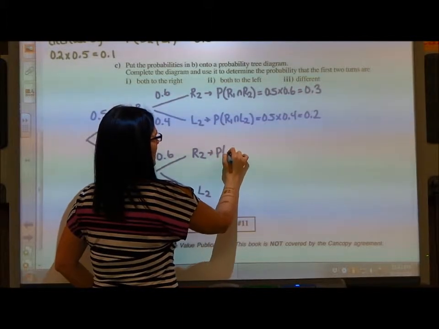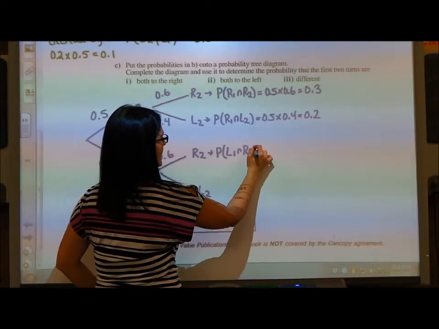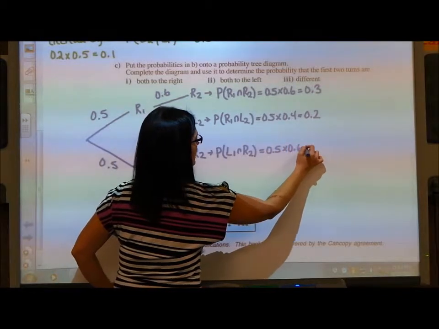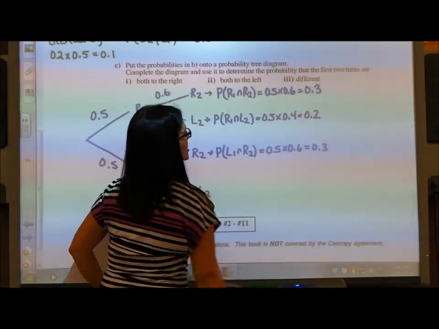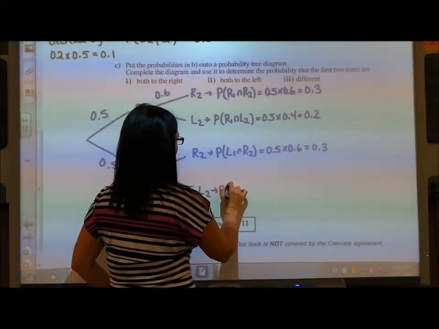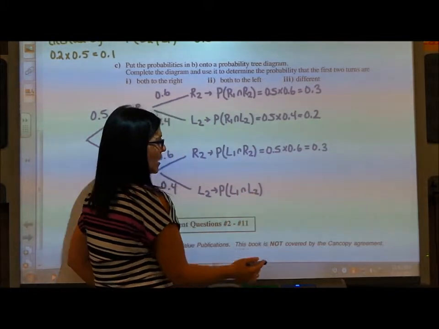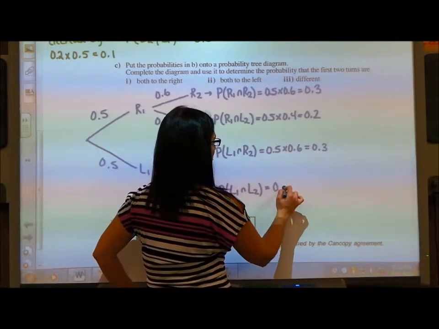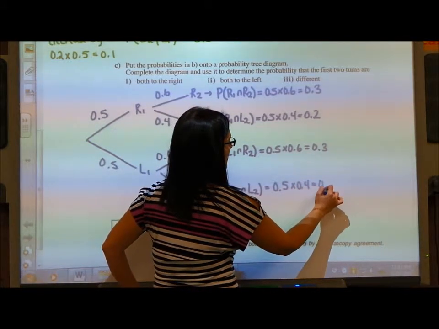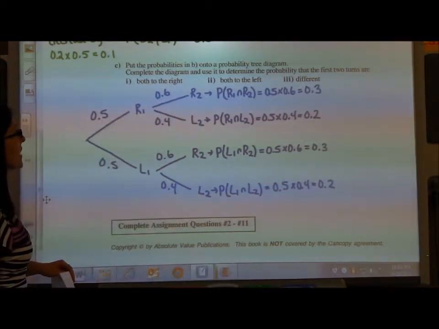Then we have the probability that the mouse goes to the left the first time and right the second time. That's 0.5 times 0.6, which is 0.3. And finally, the probability that the mouse goes to the left the first time and left the second time becomes 0.5 times 0.4, which is 0.2. So that's my tree diagram.